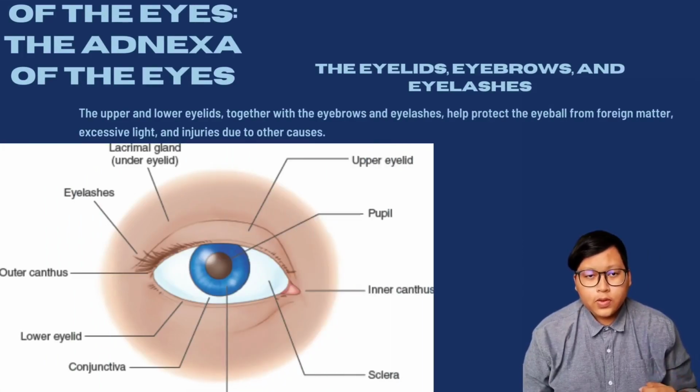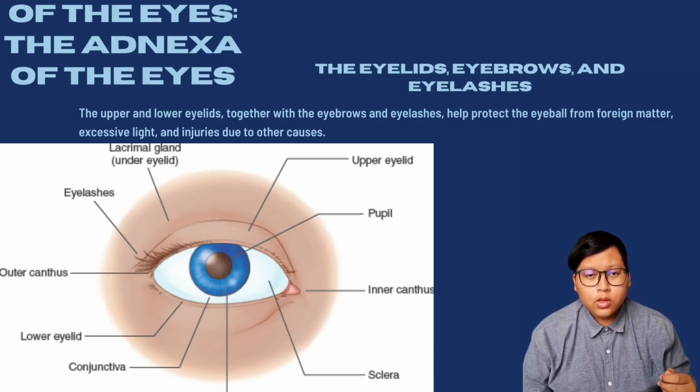The second is the eyelids, eyebrows, and eyelashes. The upper and lower eyelids, together with the eyebrows and eyelashes, help protect the eyeballs from foreign matter, excessive light, and injuries due to other causes.